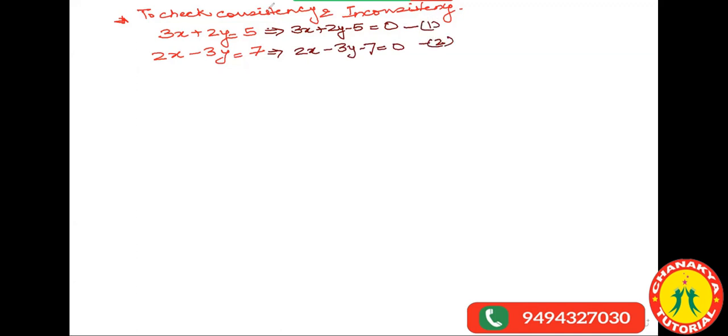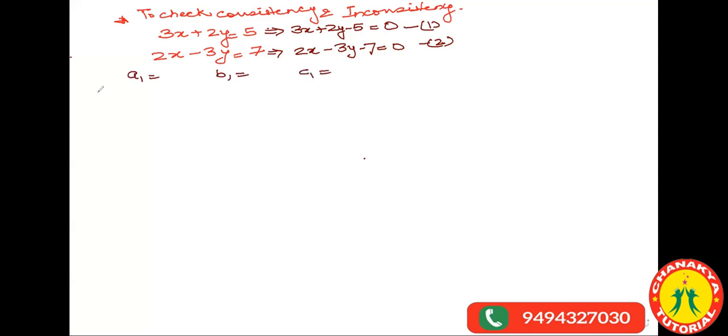Now next is Shan. Shan, unmute yourself, beta. Just tell me the values of A1, B1, and C1.